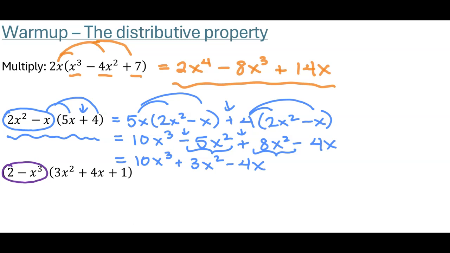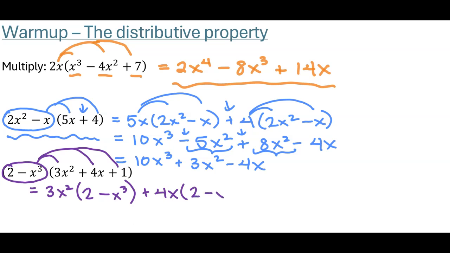There's no FOIL shortcut for this one, but we can use the same idea of distribution if you have more than two terms. So we would get 3x squared multiplied by 2 minus x cubed, 4x multiplied by 2 minus x cubed, and 1 multiplied by 2 minus x cubed. You don't really have to write the 1 times there, but just to show what we're doing here.